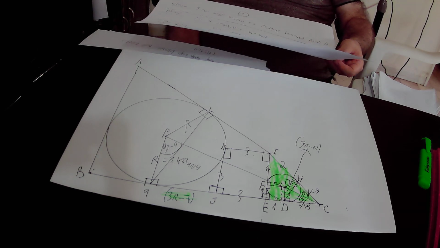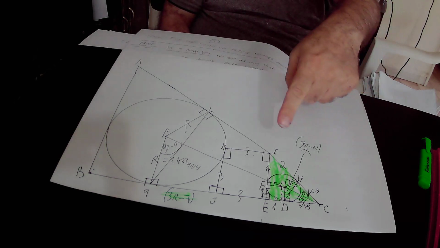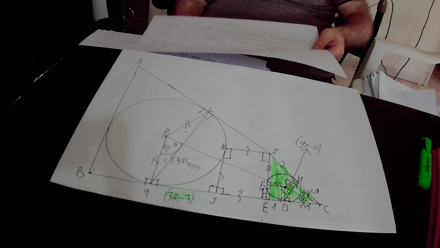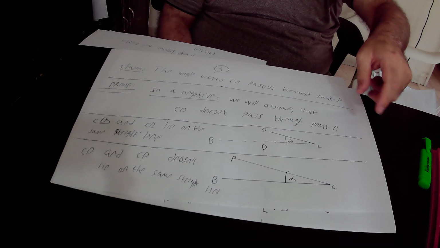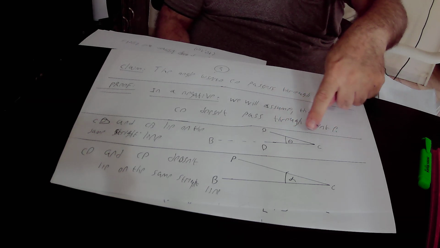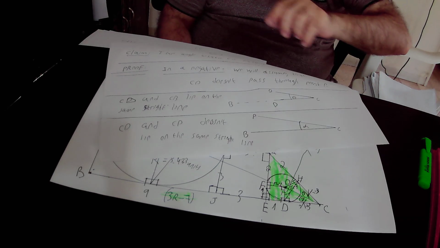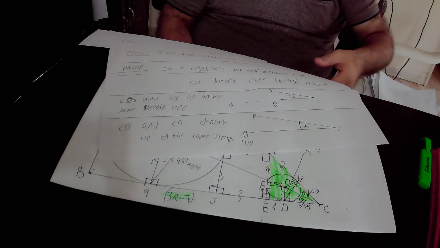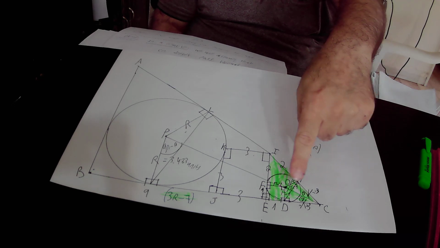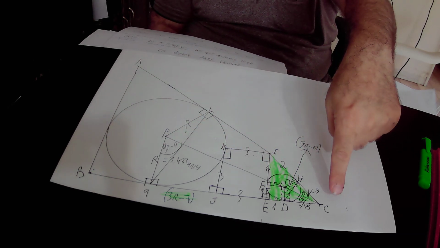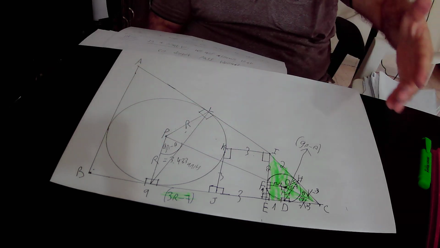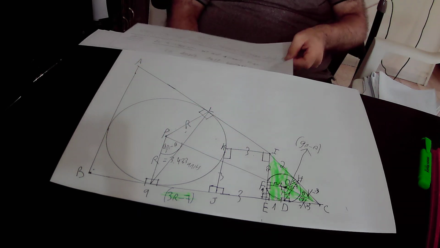So we have the assumption that CO doesn't pass through point P. Then we have here two angles, angle OCD that is equal to theta, and you can see here that CD is part of CB, therefore they are both lying on the same straight line.